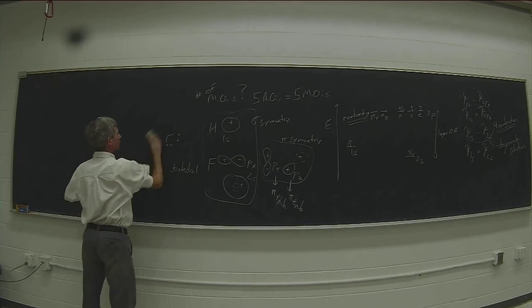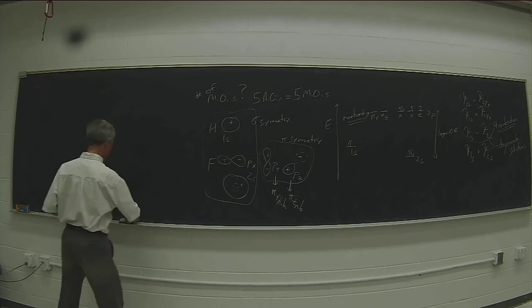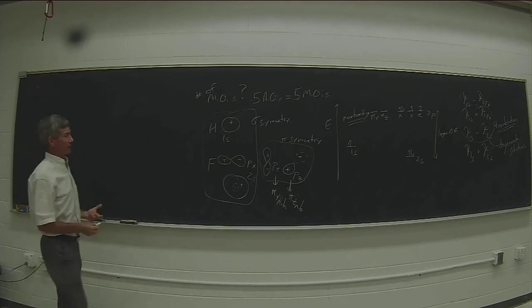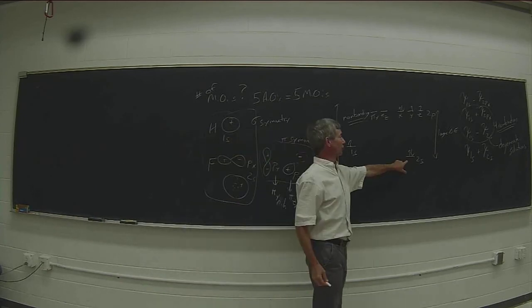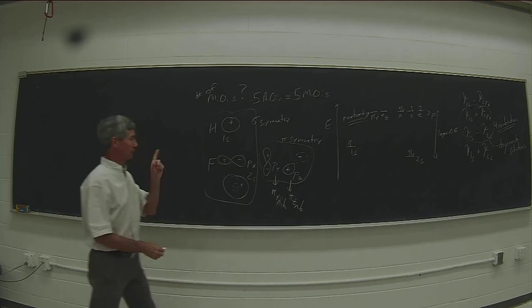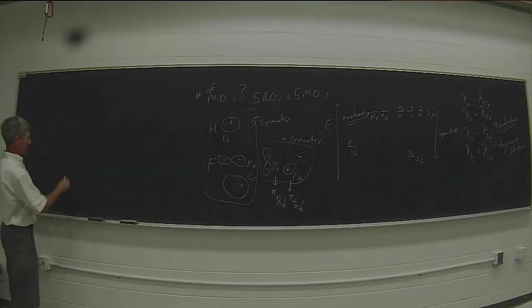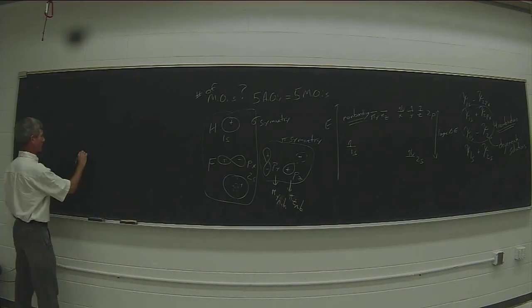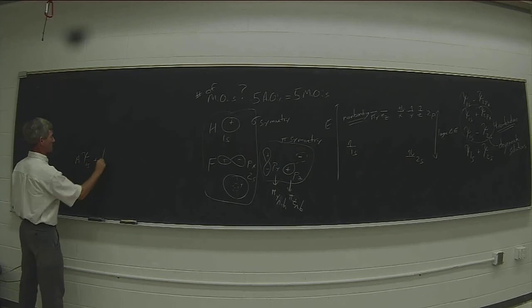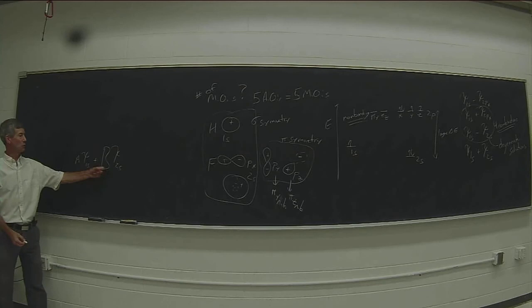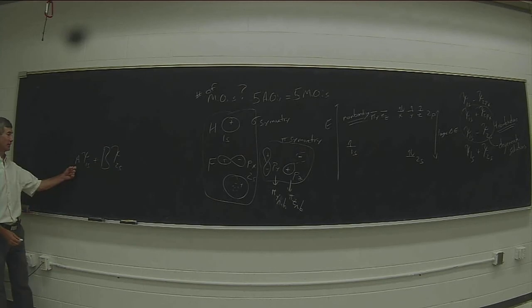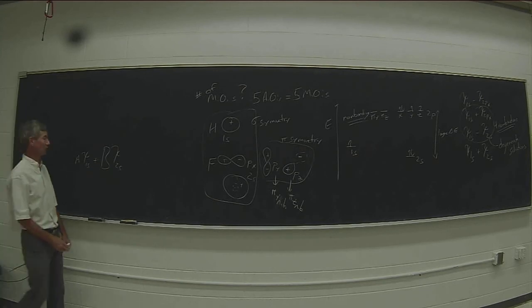So let's see what those would look like. We know that the lowest energy orbital is going to look mostly like the 2s orbital on fluorine. There's going to be a larger contribution. So if we were to do it with coefficients to scale, it's going to look something like that, where the 2s orbital on fluorine, because it's the lower energy, makes a bigger contribution than the 1s orbital on hydrogen.